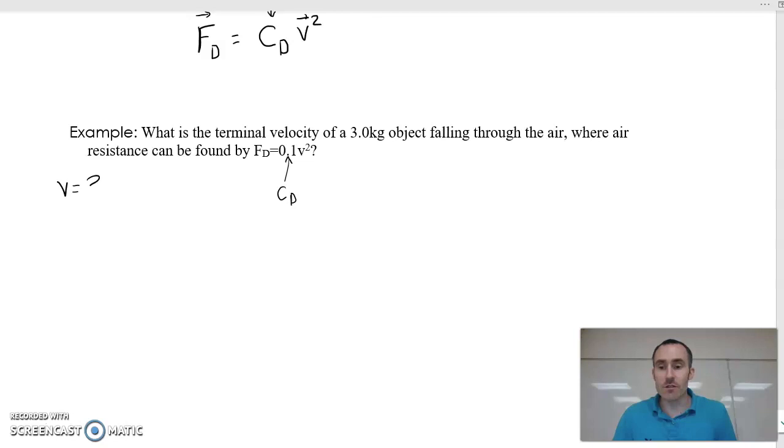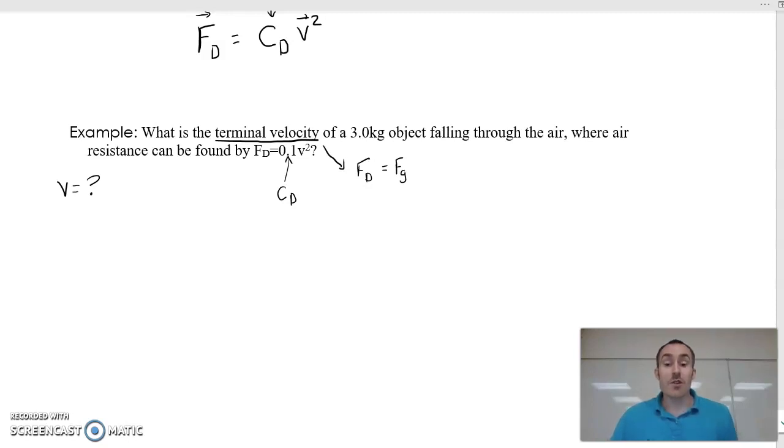V equals what? And specifically, we're looking for what's v when the force of drag and the force of gravity are equal. Okay, so whenever you see terminal velocity, what this actually means is we're looking for where the force of drag is equal to the force of gravity.